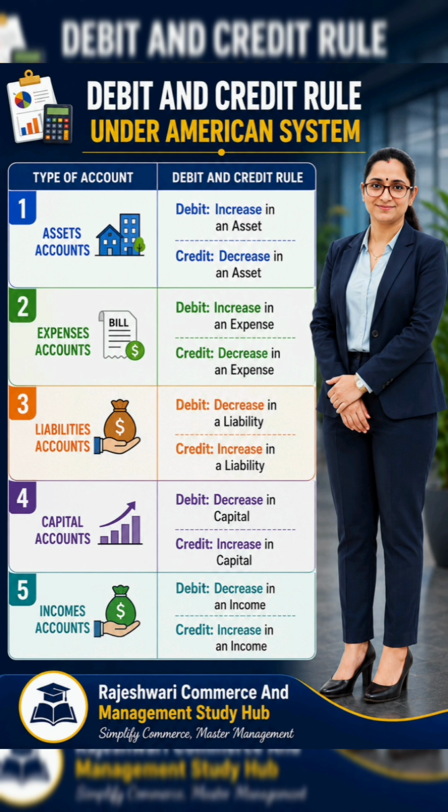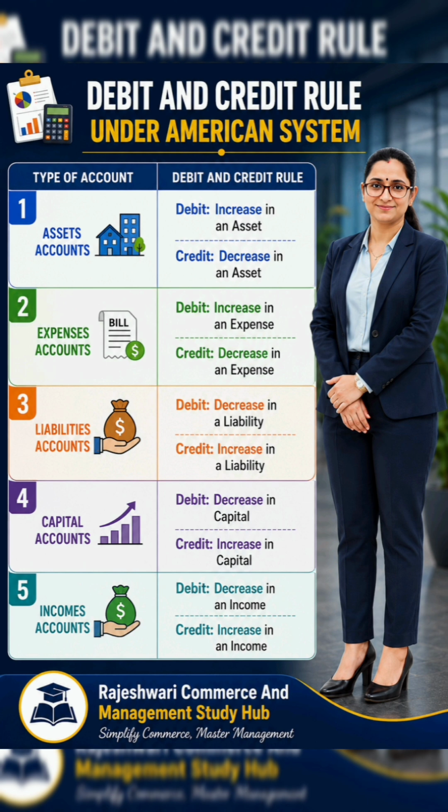Expenses, we are debiting the increase in expenses, crediting the decrease in expenses. Liabilities, it is opposite. We are debiting the decrease in liability and crediting the increase in liability. Capital account, we are debiting the decrease in capital, crediting the increase in capital. And the last, income. Income, we are debiting the decrease in income, we are crediting the increase in income.